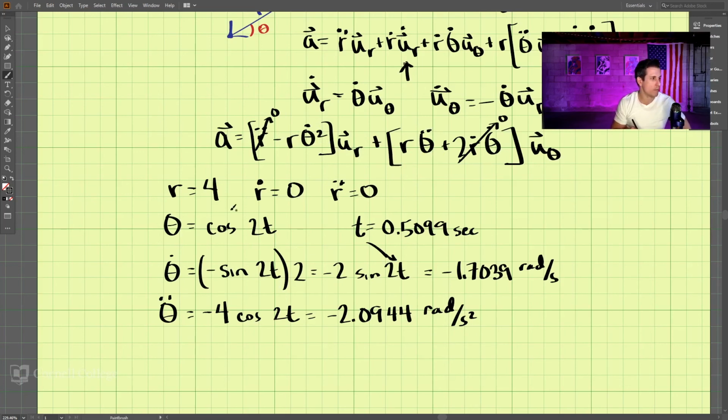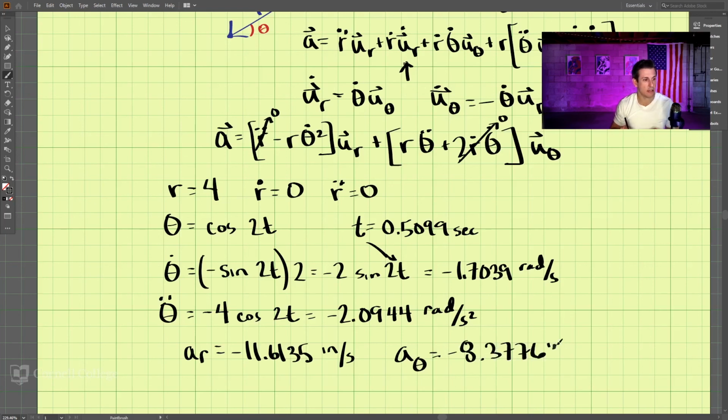The radial component on this side comes out to be negative 11.6135 inches per second squared. And the transverse component comes out to be negative 8.3776 inches per second squared.